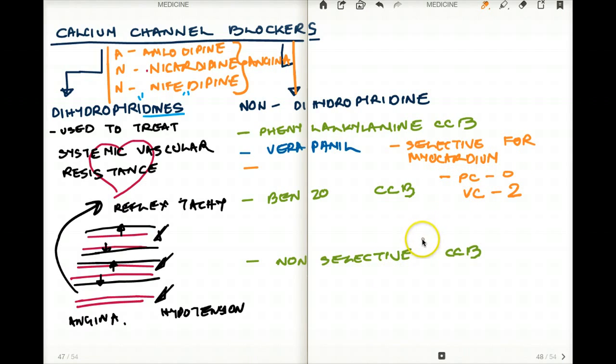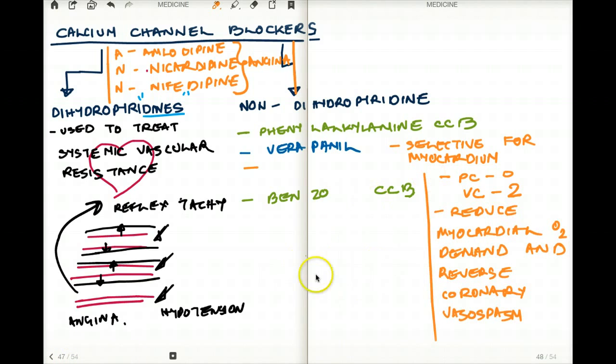Another thing we have to know about phenylalkylamine calcium channel blockers is that they reduce myocardial oxygen demand, and they reverse coronary vasospasm. I just cleared out a little bit of space here because it was getting a little messy. So I wrote down here that verapamil reduces myocardial oxygen demand and reverses coronary vasospasm.